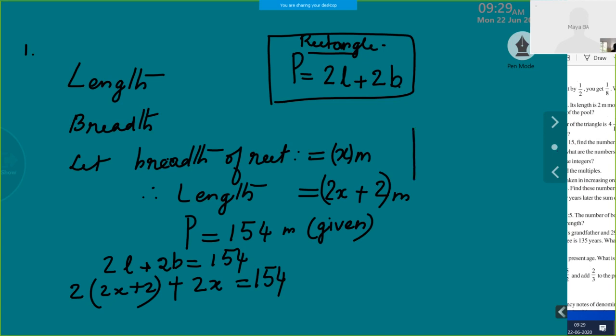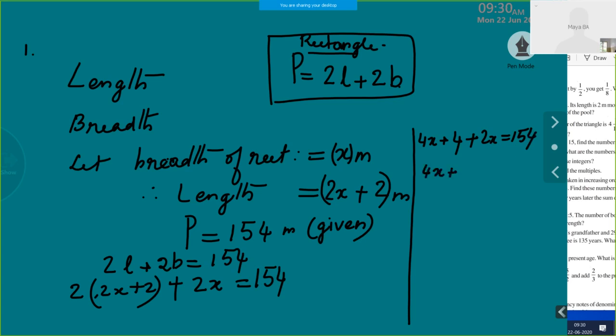When you solve it, first you multiply with the 2 in the first bracket. So 4x plus 4, this is the distributive property, plus 2x is equal to 154. Now collect all the like terms.